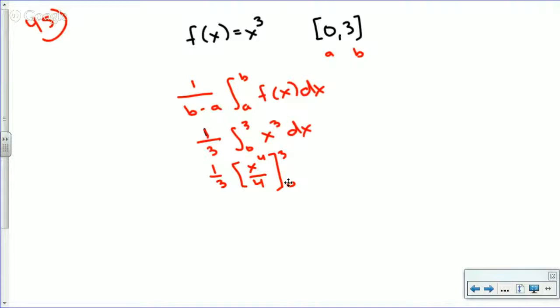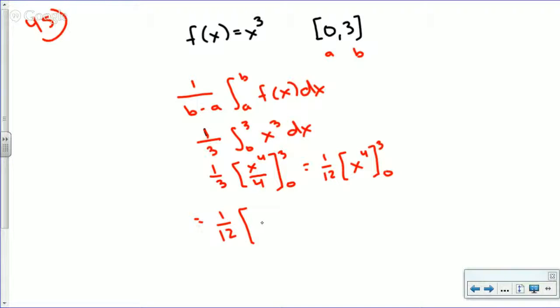If you would like to, you can pull out the 1/12. I sometimes think that's easier to look at, so then I only have to worry about x to the 4th. Either way is fine.